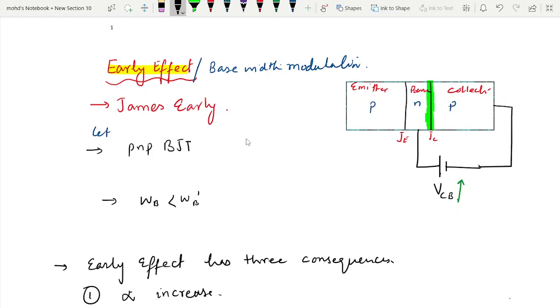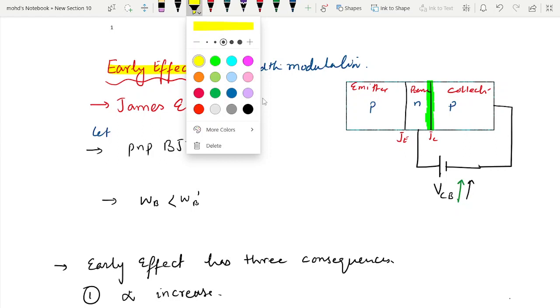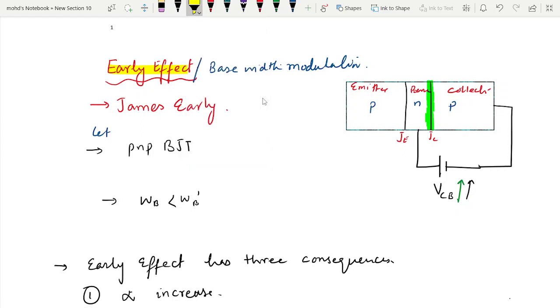Since the base region is lightly doped, if we further increase the reverse bias voltage VCB, then the collector junction region will extend more into the base region, which leads to a decrease in effective base width.